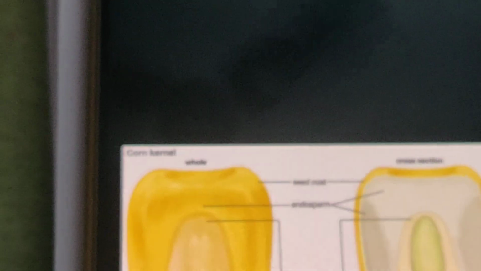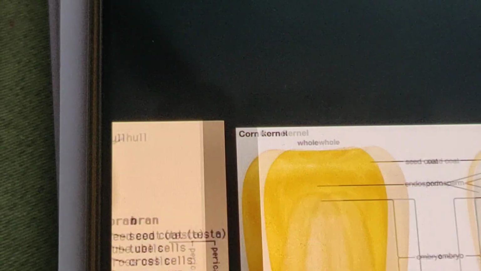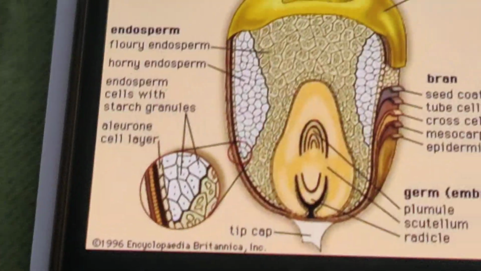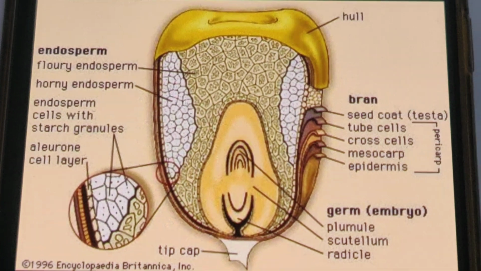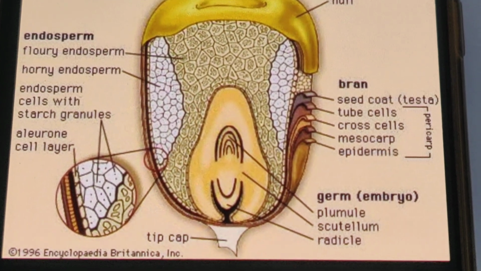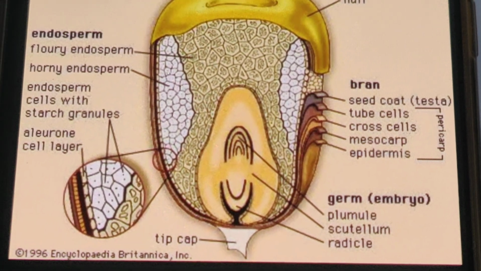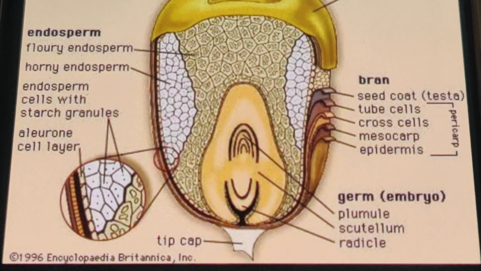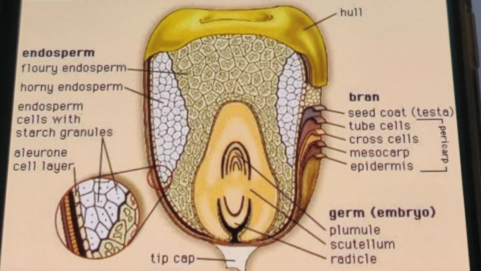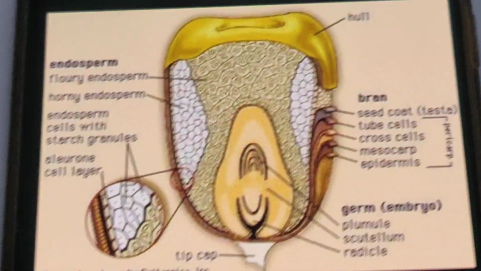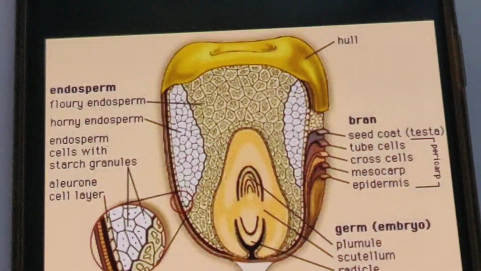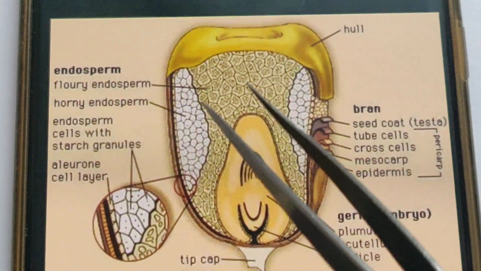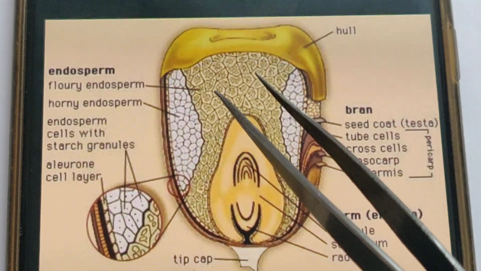Now I want to show you it in a nicer way. So see, the embryo contains the plumule at the upper end and the radicle at the lower end. Now look at the endosperm portion. Can you see these cells? These are actually representations of the cells.